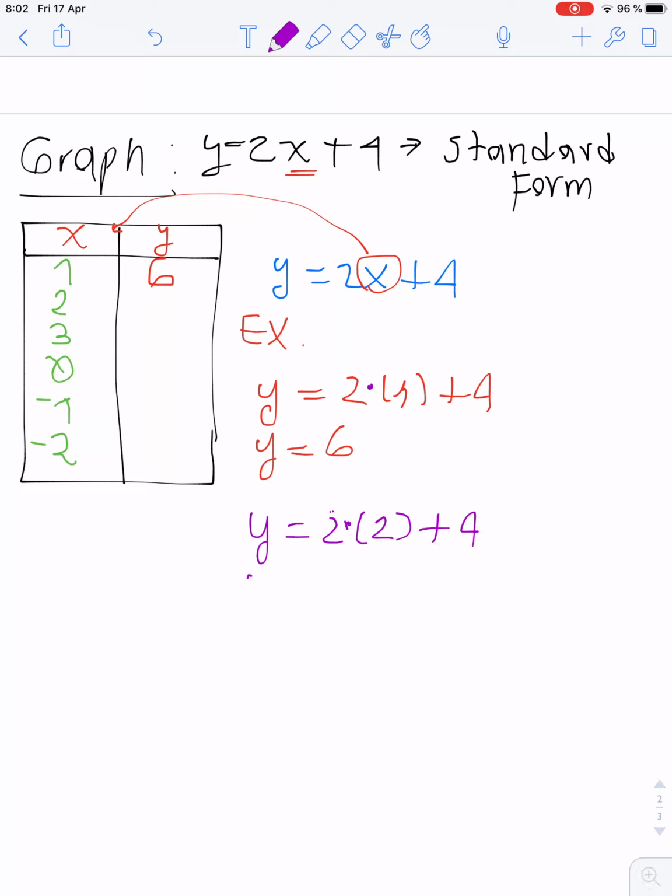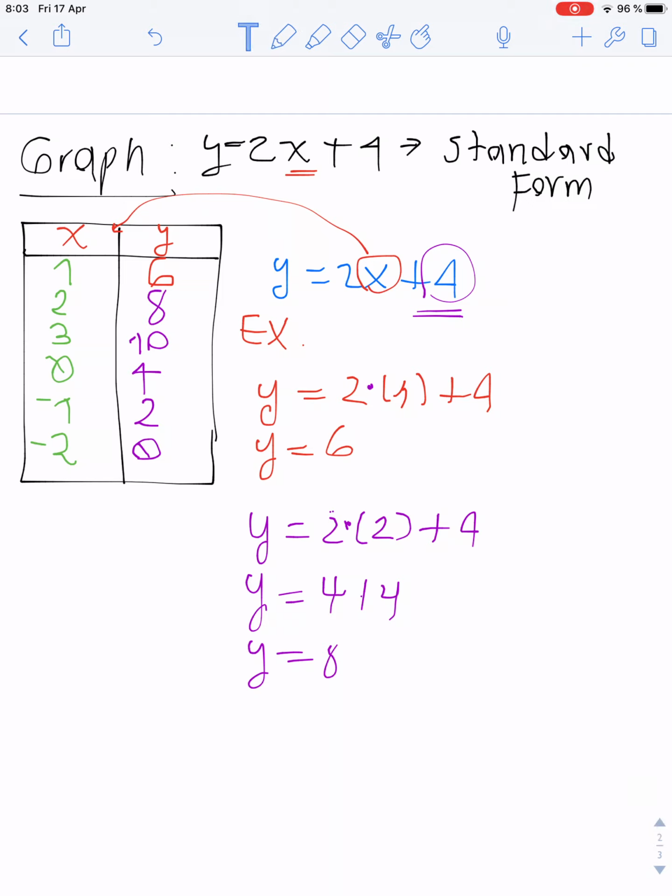Y equal 2 times 2 is 4, plus 4, and y is equal 8. In this way, doing it every time: 2 times 3 is 6, plus 4 is 10. When x is 0, the value is 4. Minus 1, 2 times minus 1 is minus 2, plus 4 is 2, and for minus 2 the value is 0.